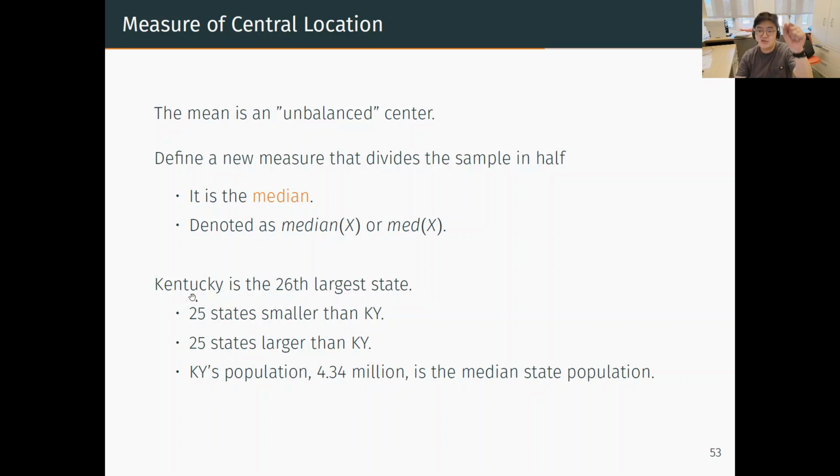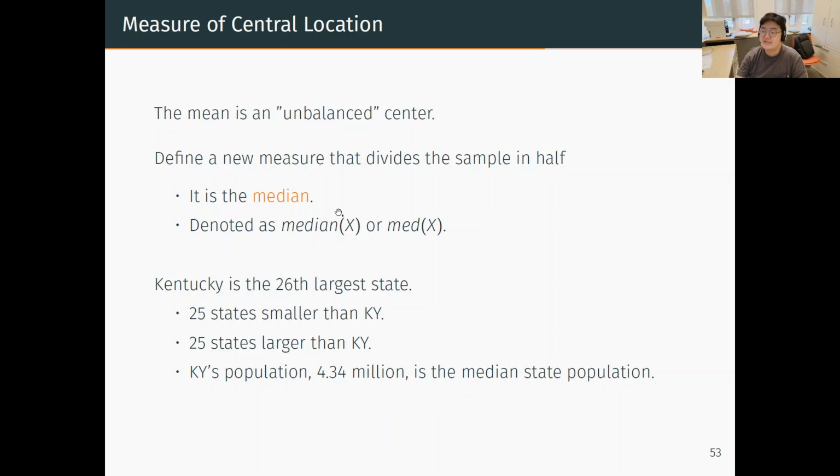Kentucky is exactly the middle because 25 are larger than Kentucky and 25 are smaller than Kentucky. So perfectly balanced, right? Kentucky's population is 4.34. So it is the median. It divides the data exactly half and half.